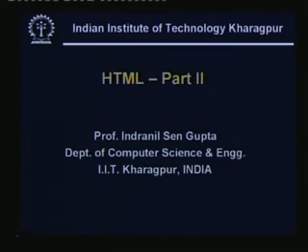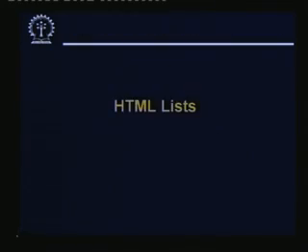Now, continuing with our discussion, today first we shall be looking at how we can specify and construct lists using HTML tags and attributes. So, the first thing we would be talking about today are HTML lists.